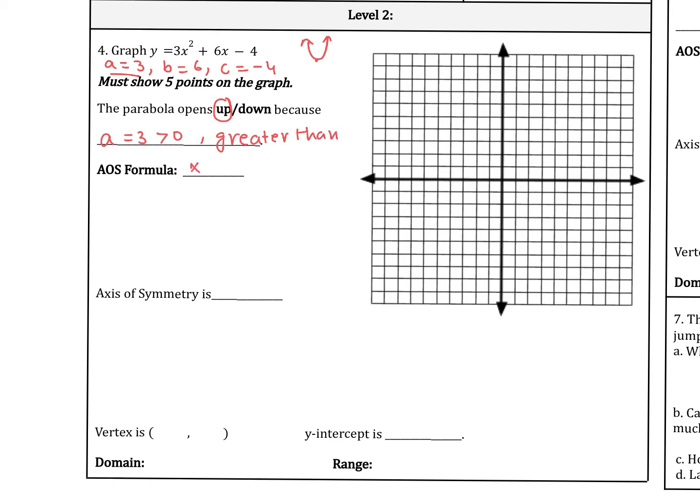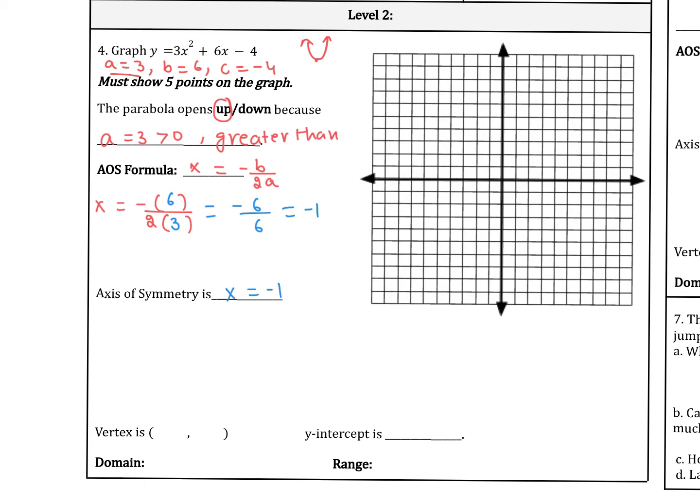Formula for AOS is -b over 2a. When you plug it into the formula, make sure you put the bracket around where you're going to put the value for B, that is 6, and A, that is 3. So that's going to be negative 6 over 6, which is negative 1. Axis of symmetry is negative 1.